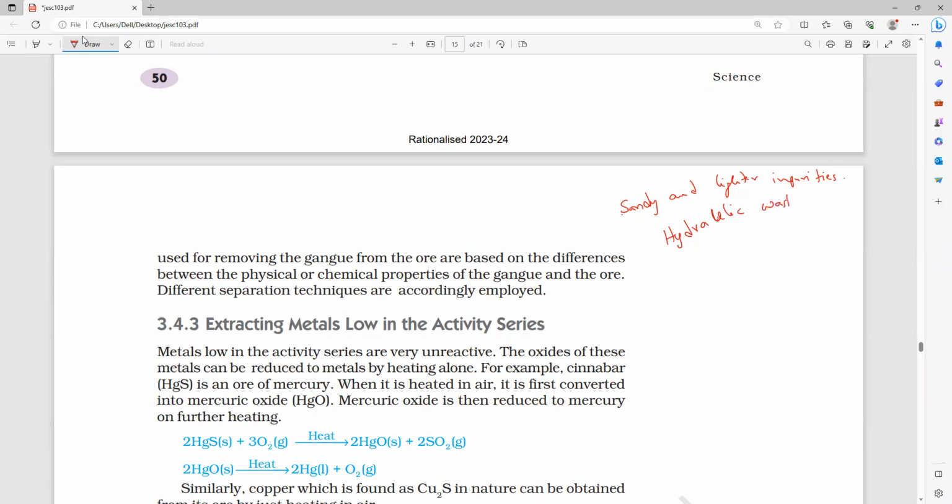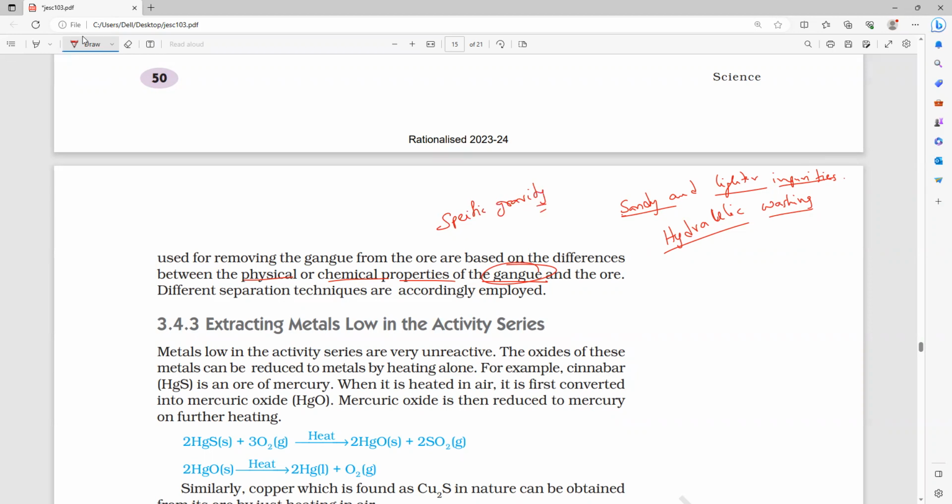For sandy and lighter impurities removal, we use a technique called hydraulic washing. Basically it works on the gravity principle, the specific gravity principle. More than this, you need not know the process.